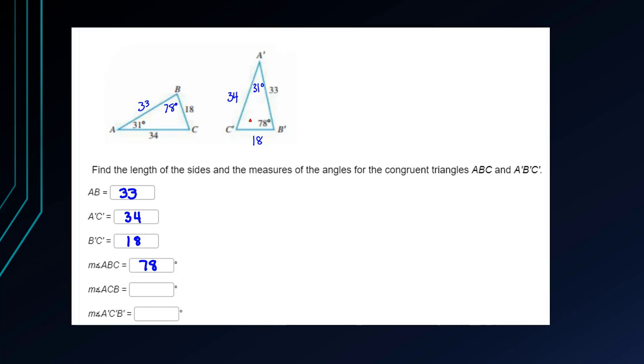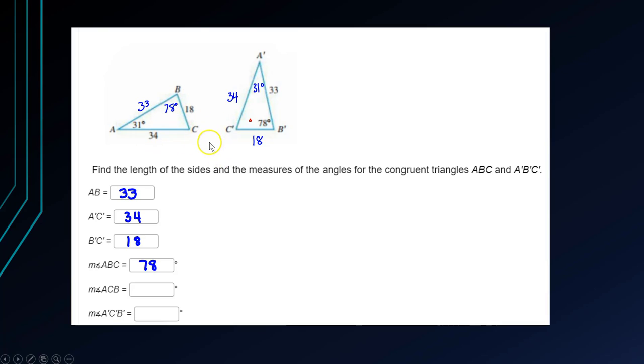Each angle has only one letter as the letter at the vertex. So angle B, there's only one angle B in this figure. Whenever I have multiple angles with the same vertex, that's when I have to definitely use the three-letter naming system. But in any case, these two angles, C and C prime, should be congruent to each other. I just don't know what they are.